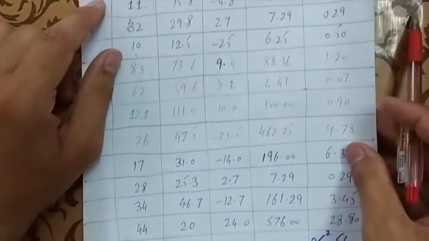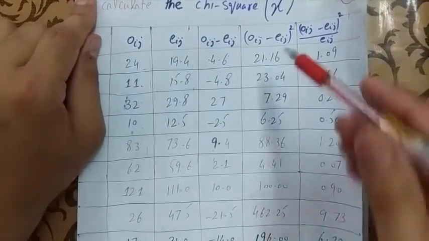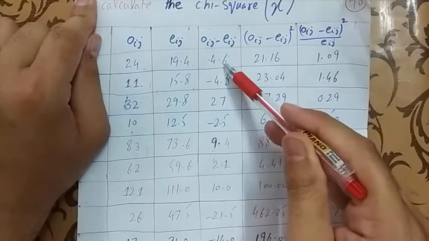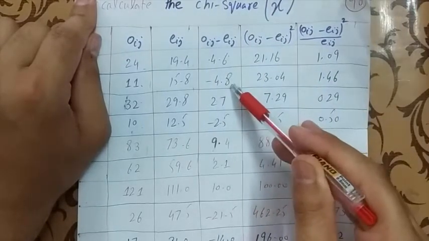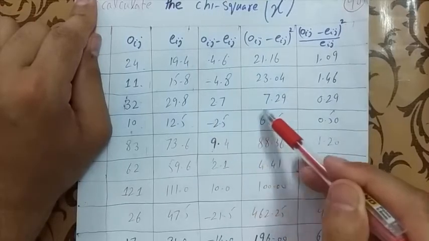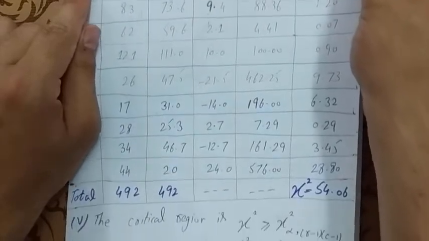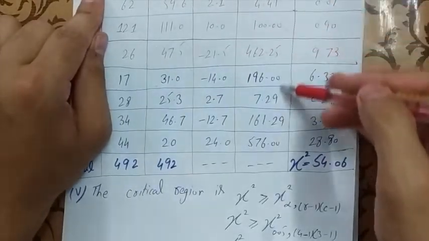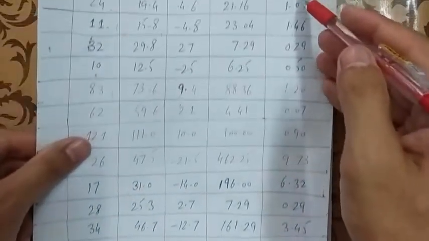Now taking its square: 4.6 squared is equal to 21.16, minus 4.8 squared is equal to 23.04, 2.7 squared is equal to 7.29, and so on. Find the square for each observation, and then divide by Eij.